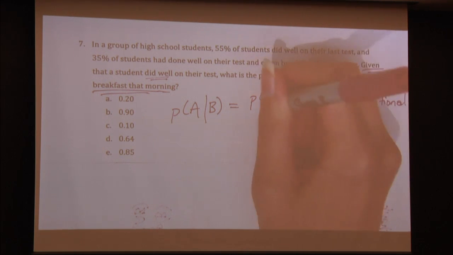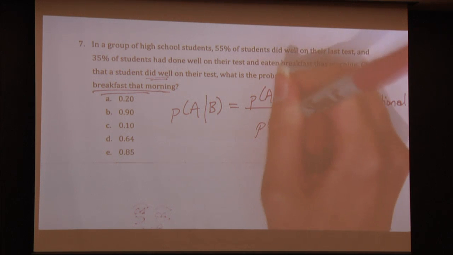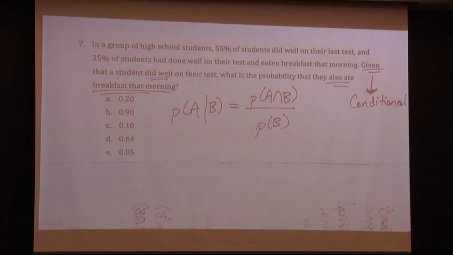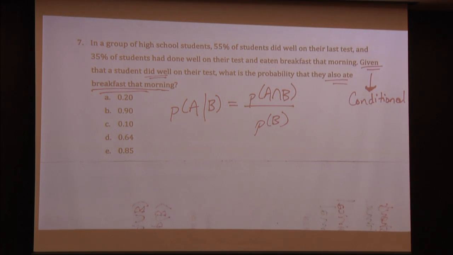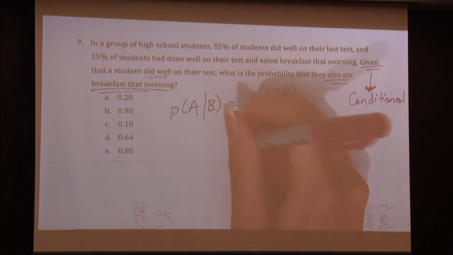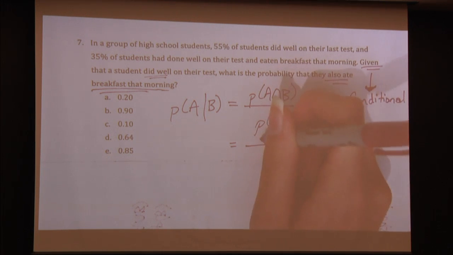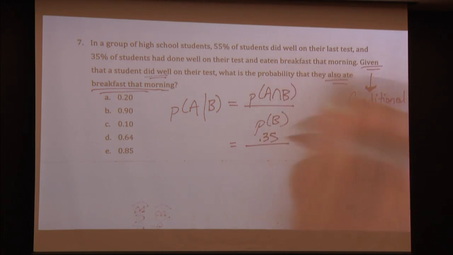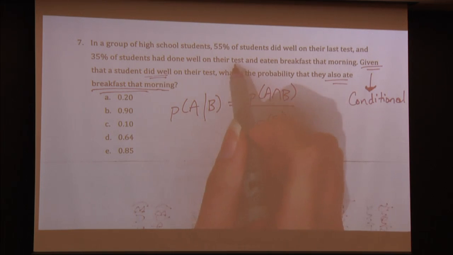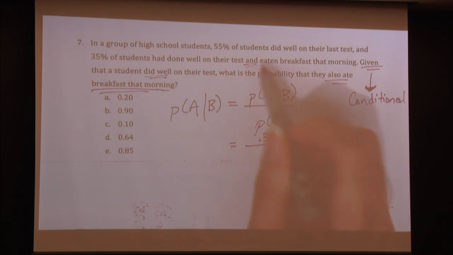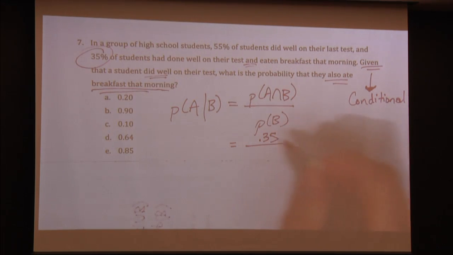So the probability of A and B over the probability of B. In this case, what do we plug in for the top? For the intersection up here. So 0.35. We saw that had done well and eaten breakfast, so this 0.35 number.